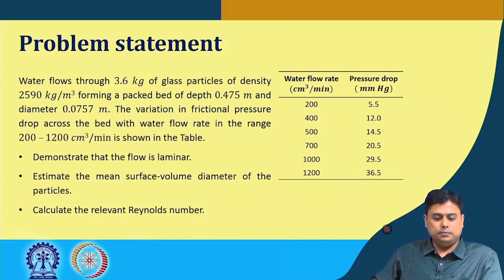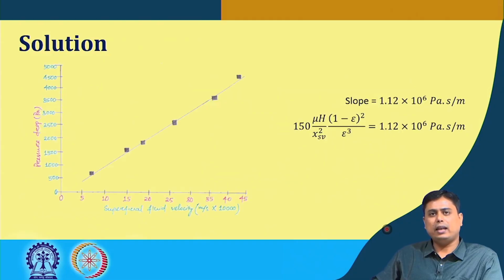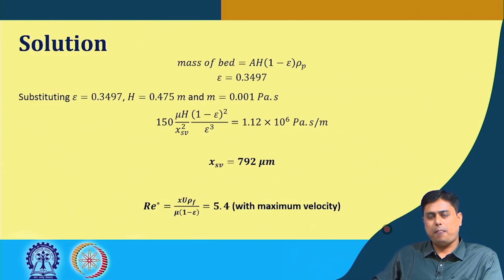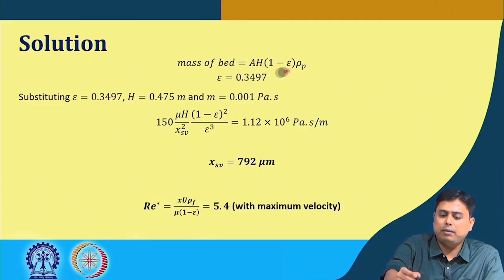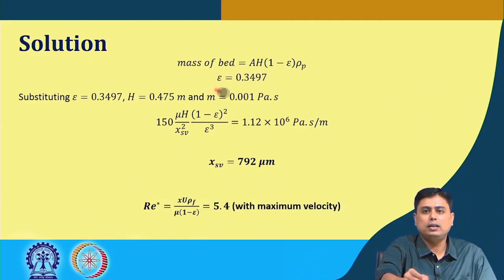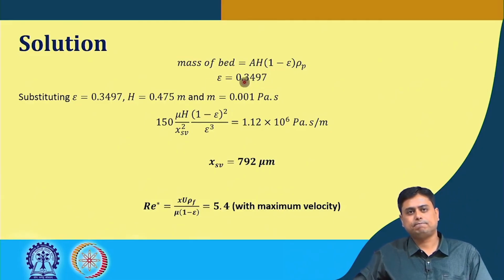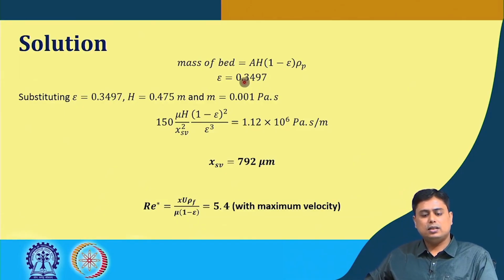H is given, the diameter is given, which means you can replace all the other parameters and calculate epsilon. If we replace the numerics, we get an epsilon value of 0.3497.